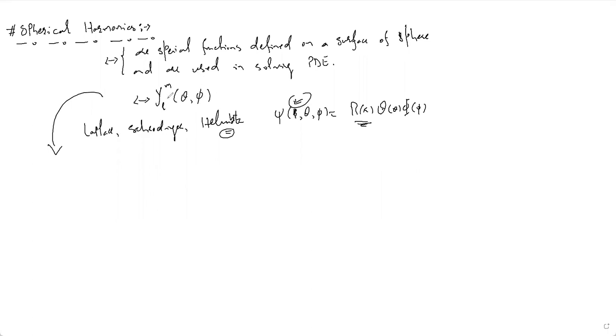Now it is denoted by Y_lm. Actually Y_lm is the product of two functions, the theta function and the phi function. That is why I write it as a function of theta and phi. Here l is the orbital quantum number and m is the magnetic quantum number.